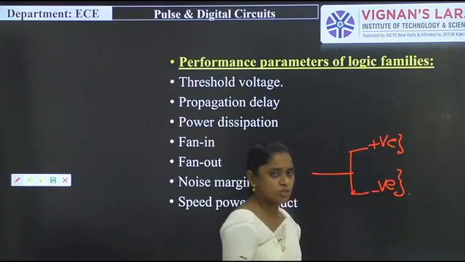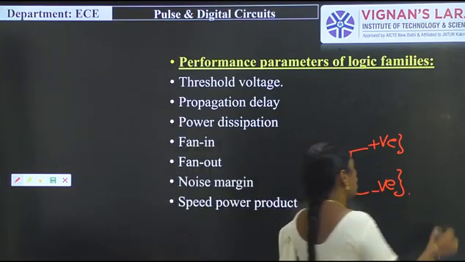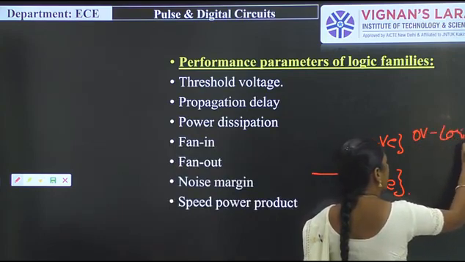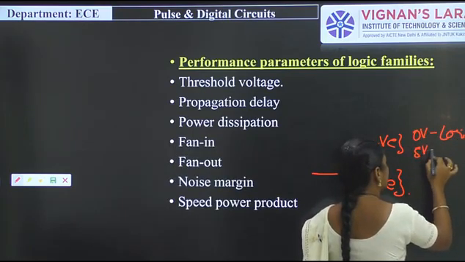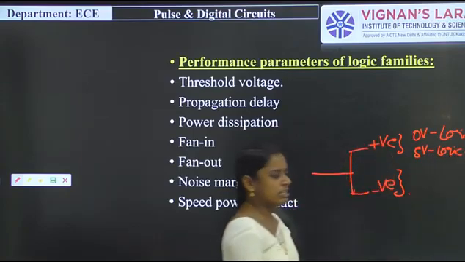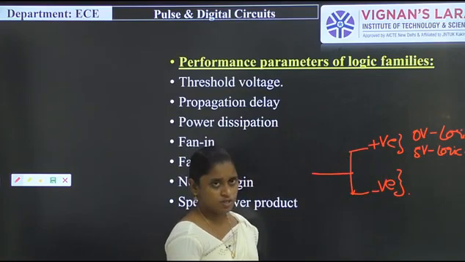What is meant by positive logic? Simply, 0 volts is represented with logic 0, and 5 volts is represented with logic 1. This type of connection is known as positive logic.